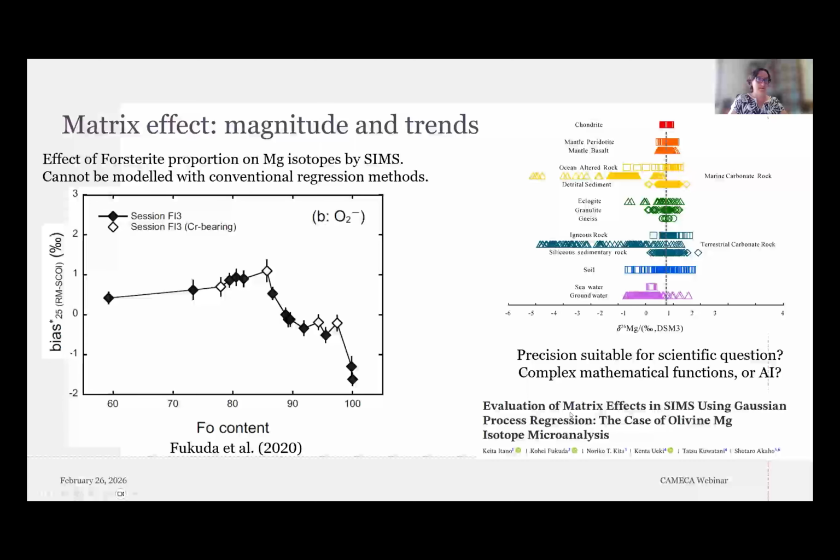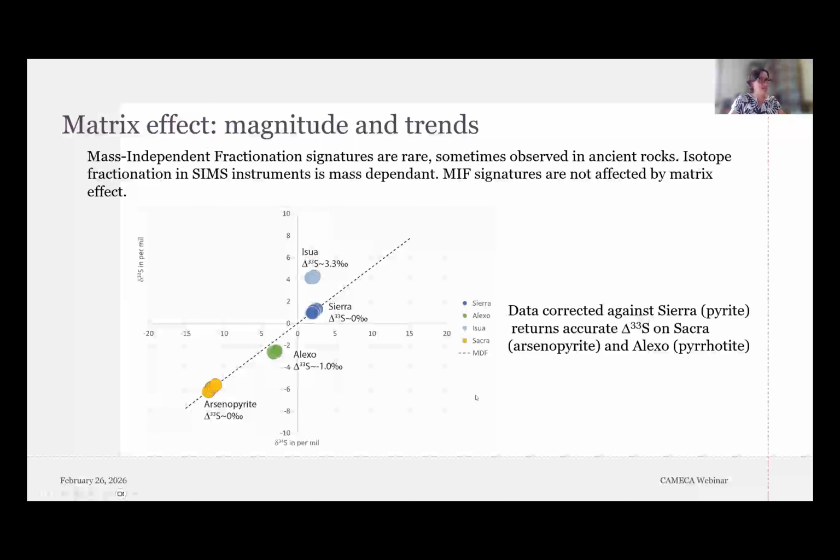And here, this new, very recent paper uses more complex mathematical functions to try to model these functions more accurately. And maybe artificial intelligence could also help in the future to tackle this matrix effect.